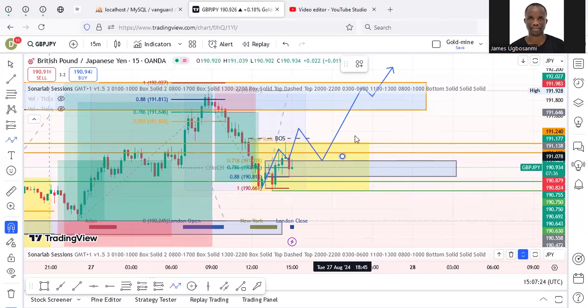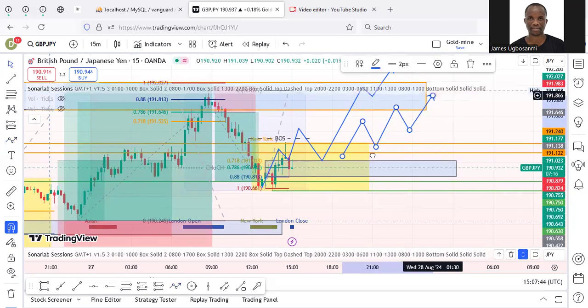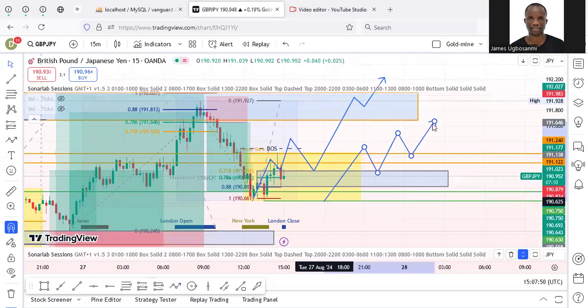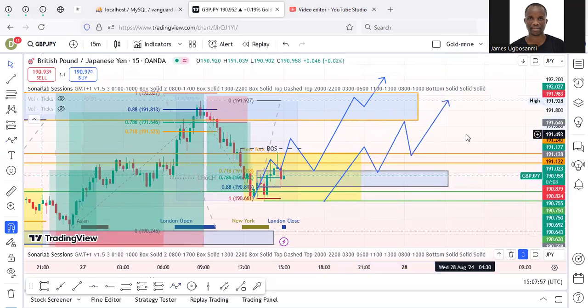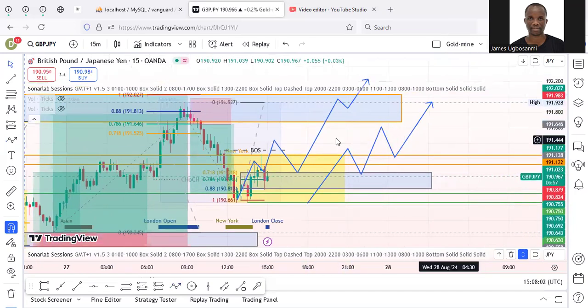If the market is forming something like this, higher high, higher low, higher high, higher low, let's say something like this, a structure, a movement of the market of this kind.